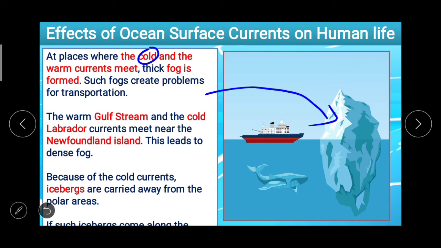Because of these cold currents, icebergs are carried away from the polar areas, and if such icebergs come along the marine routes, they are hazardous to the ships. Like this you can see, icebergs have much more below the water than above, and if they are not seen, there is a chance of accident.